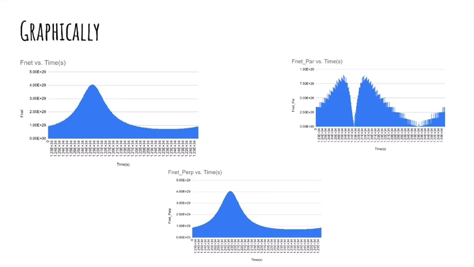Graphically, we can see all of our data points from our overall Fnet and our parallel and perpendicular components. Our overall Fnet and perpendicular components are relatively the same in terms of their magnitude, but our parallel component is pretty much the opposite of our overall Fnet and our perpendicular.